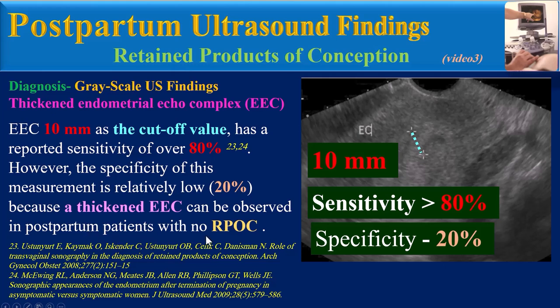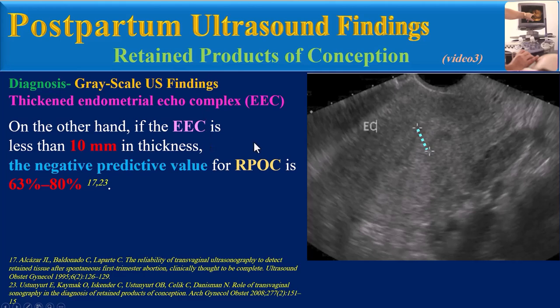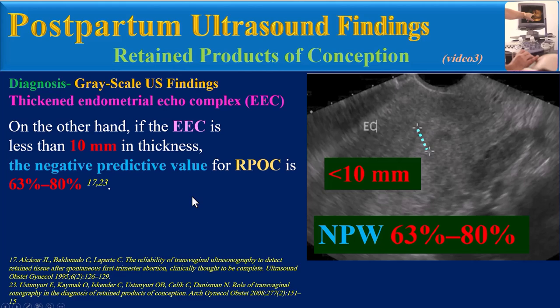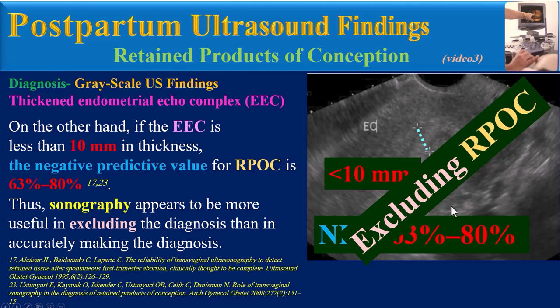On the other hand, if the EEC is less than 10 mm in thickness, the negative predictive value for RPOC is about 63 to 80%. Thus, sonography appears to be more useful in excluding the diagnosis than in accurately making the diagnosis according to thickened endometrial echo complex.